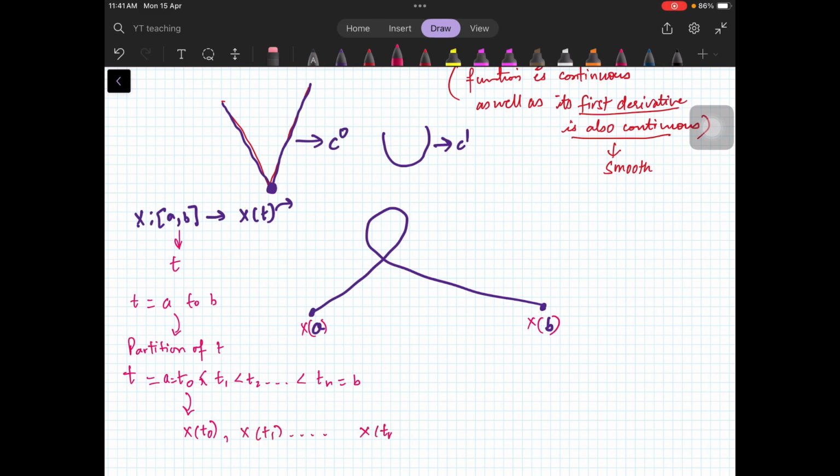I have x of tn, which is x of B, and this is x of A. So I have these points like this. This is x of t1, then the next point is x of t2, next point is x of t3, next point is x of t4, next point is x of t5, next point is x of t6, next point is x of t7, and so on, right?